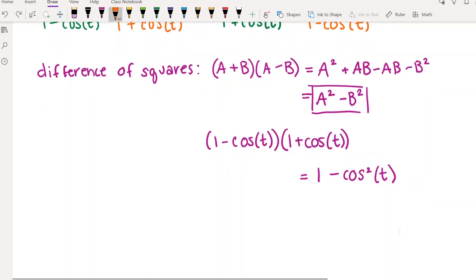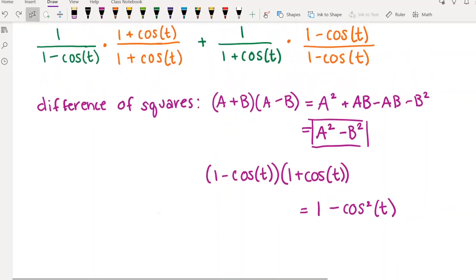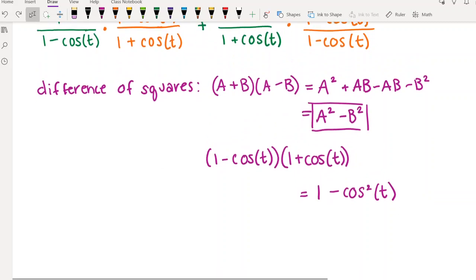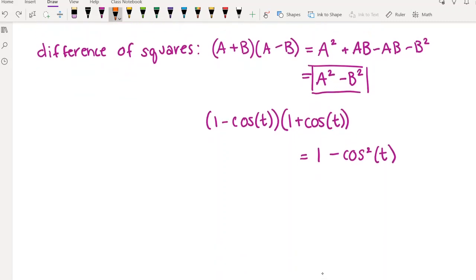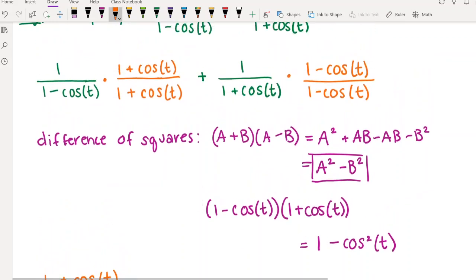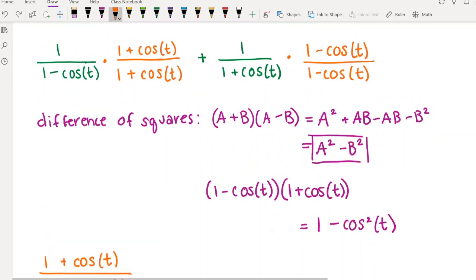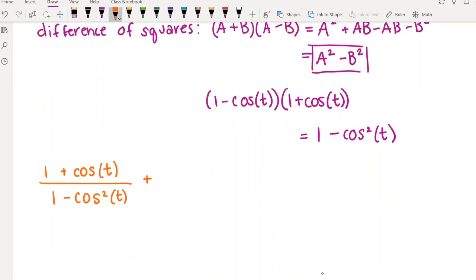So I'm going to rewrite these. The first one, the numerator is going to be 1 plus cosine of t, and the denominator is going to be what we just figured out, so 1 minus cosine squared of t. And then the other part has a numerator of 1 minus cosine of t, and the denominator again is what we just found.